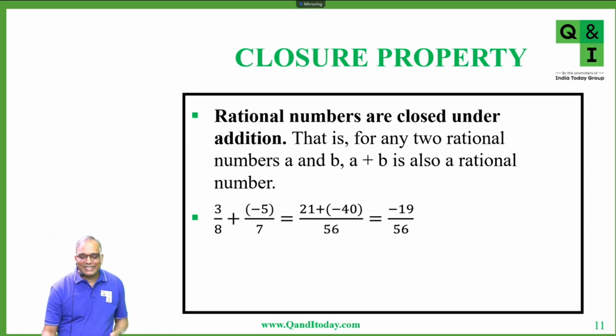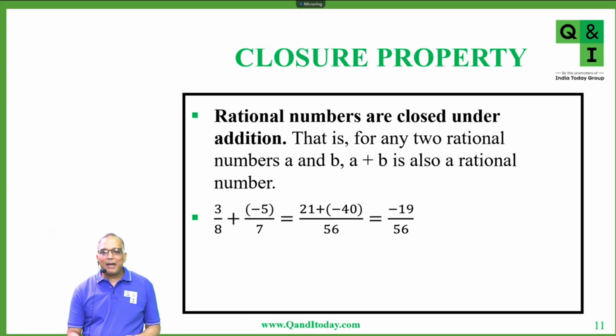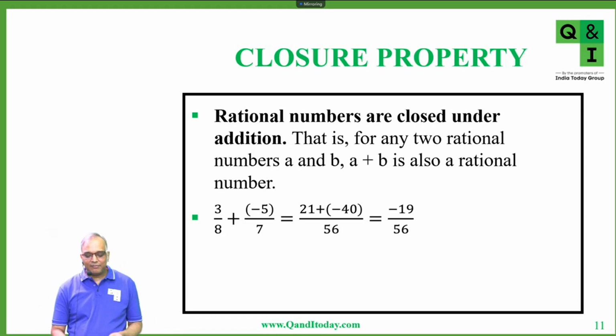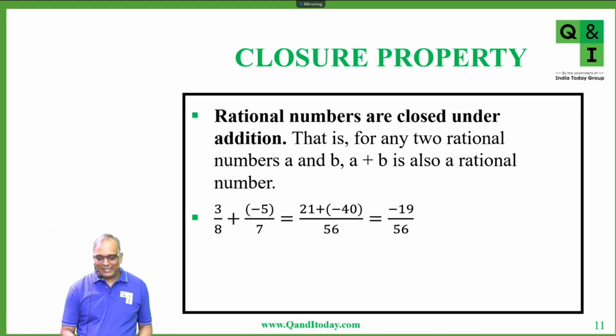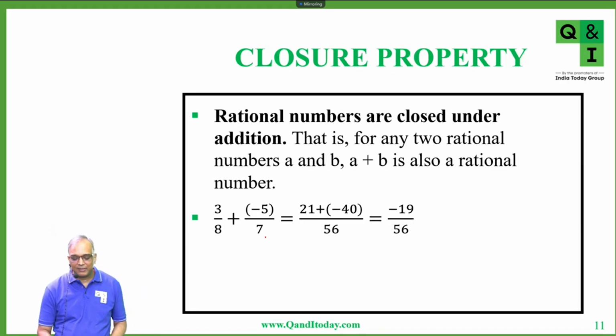So for example, when you add 3 by 8 and minus 5 by 7, the LCM you will take of 8 and 7 is 56. And then you cross multiply. So 3 into 7 becomes 21 and 8 into minus 5 becomes minus 40. So we have that common denominator 56, which is the LCM of 8 and 7.